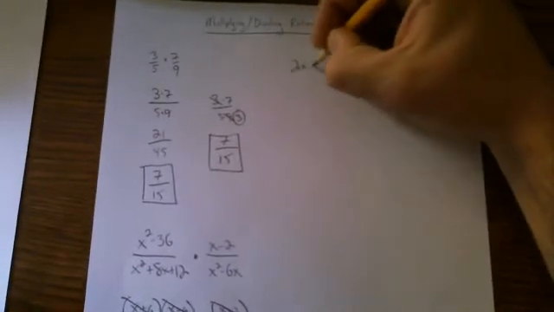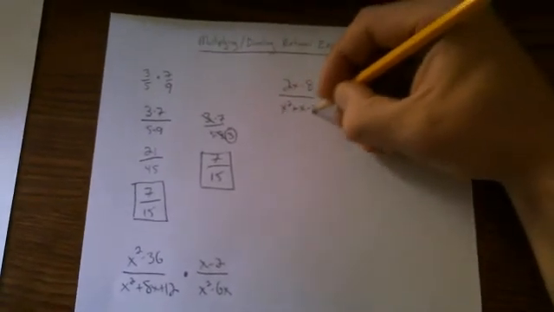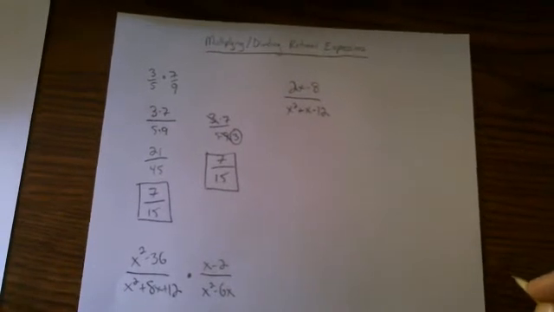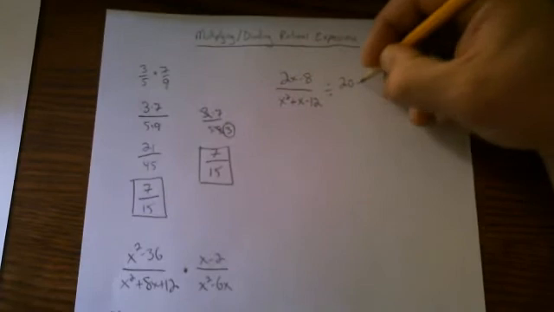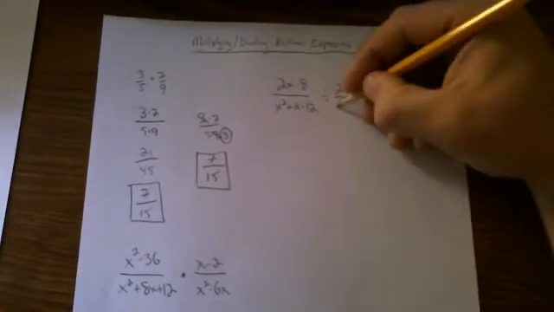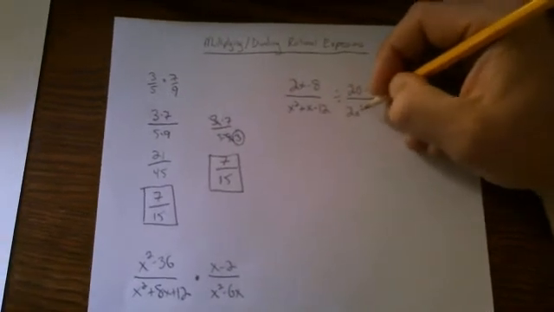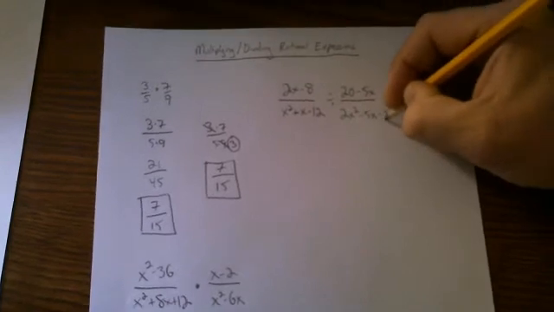Let's do another example, but now let's work on dividing fractions. Let's say we had 2x minus 8 over x squared plus x minus 12 divided by 20 minus 5x over 2x squared minus 5x minus 3.